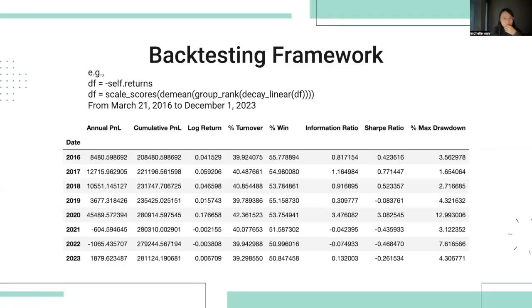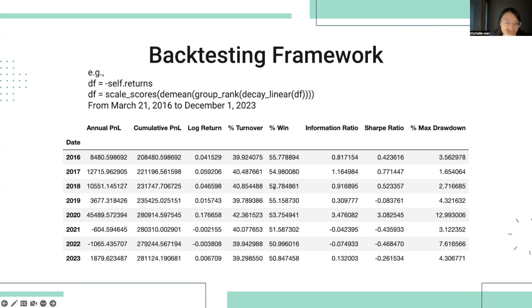Backtesting framework, I came up with this. I wrote the code to come up with this matrix to evaluate a signal. For example, for the second signal on the previous page, we use yesterday's returns as a reverse indicator to predict the next day's returns.